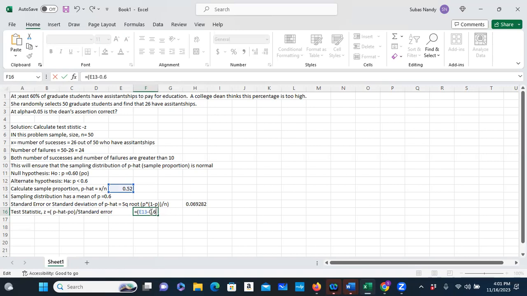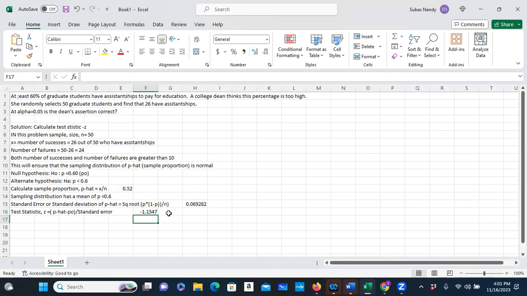That's my hypothesized population proportion. And that has to be divided by the standard error, which is in cell H15. So that's my test statistic.